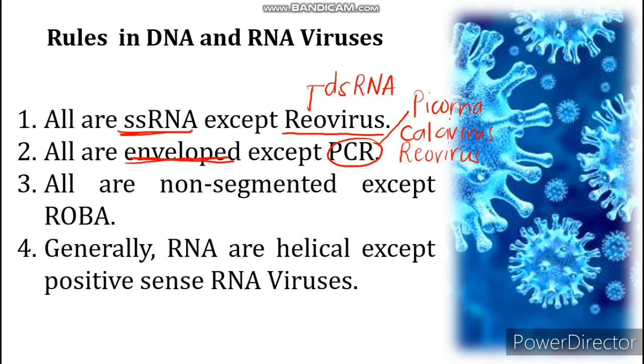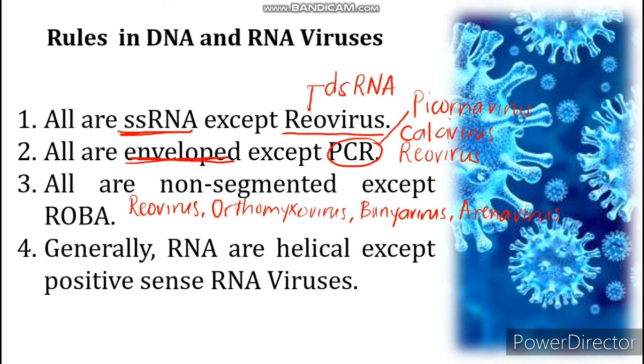Again, all RNA viruses are enveloped except PCR: picornavirus, calcivirus, and reovirus. Next, all are non-segmented except ROBA. Your ROBA are, first one is reovirus, O is for orthomyxovirus, B is the bunyavirus, and A is the arenavirus.